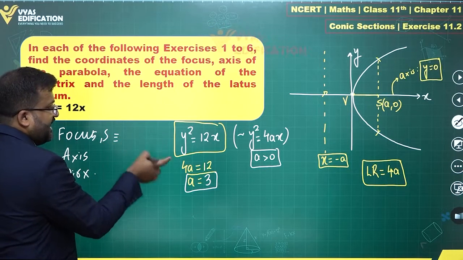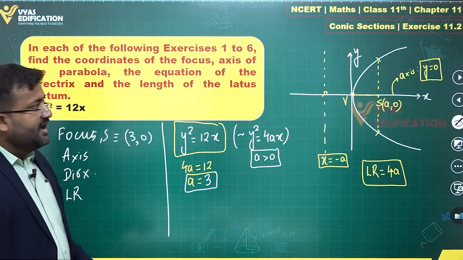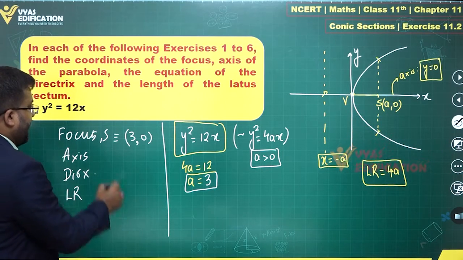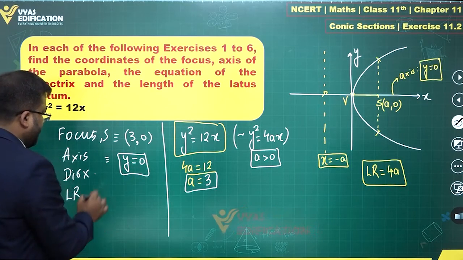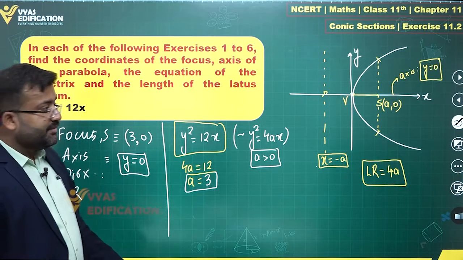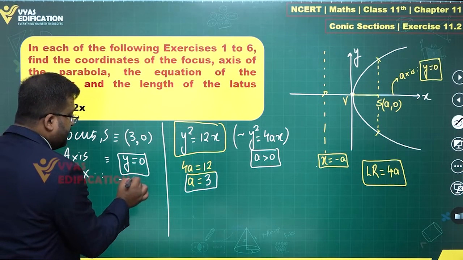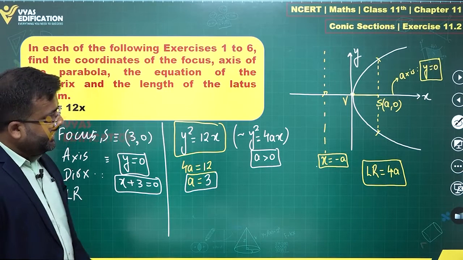Focus, which is a comma 0, will be simply 3 comma 0 over here. Yes. Axis is y equals 0, which will also be y equals 0 over here, right? Directrix is x equals minus a, or x plus a equal to 0. That becomes x plus 3 equals 0 for a equals 3, right?